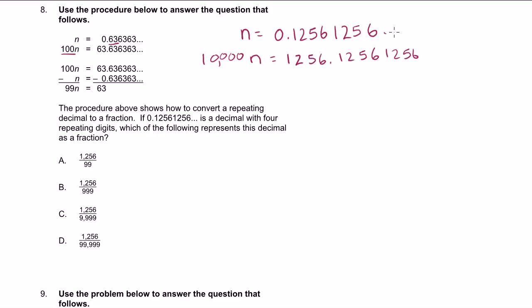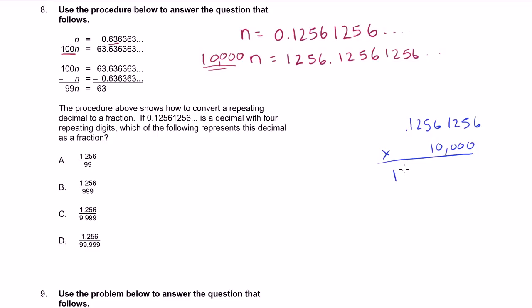0.1256. It just keeps repeating on and on. You get the idea. We just multiplied this by 10,000 because that allowed us to bring one whole repetition to the left of the decimal. You could verify it. Actually, let's multiply it out just to verify that this works. If I multiply 1256 times 10,000, what you can do is just multiply it by 1.